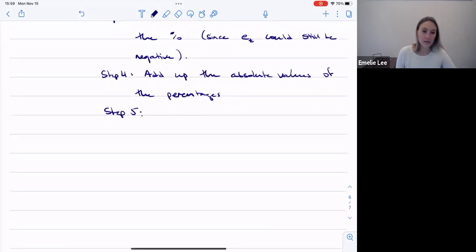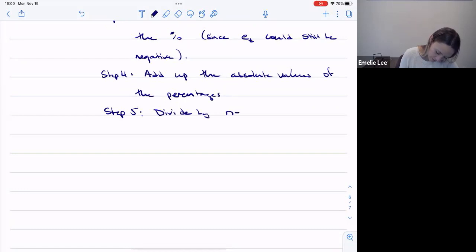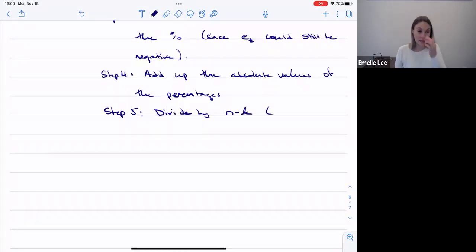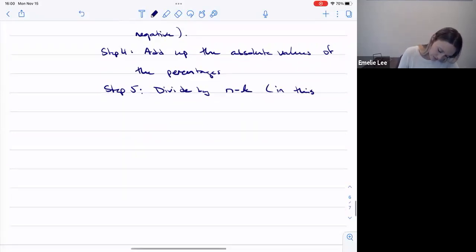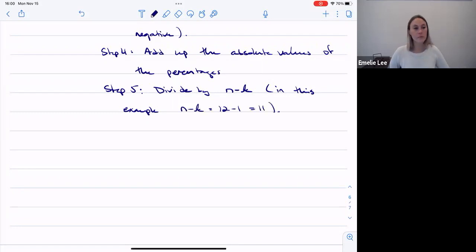And then step 5, divide by n minus k. In this example, k is 1, so n minus k is 12 minus 1, which is 11.